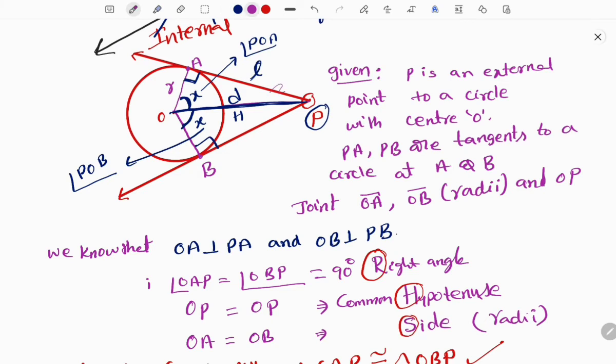Now, see this diagram. This is the corresponding angle of this one. These two angles are also equal. What about this angle? Angle OPA is equal to angle BPO.